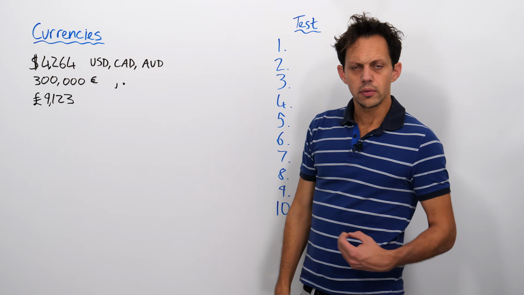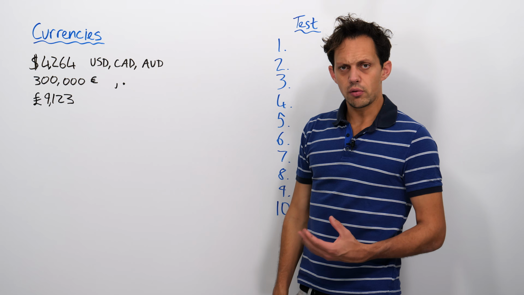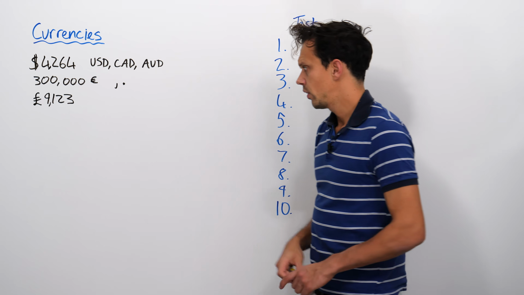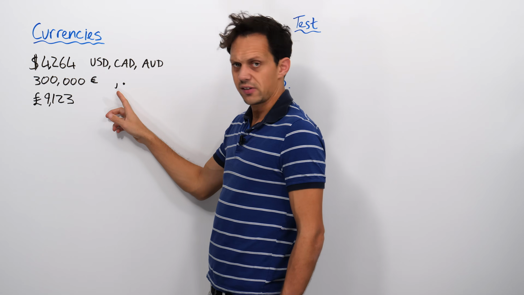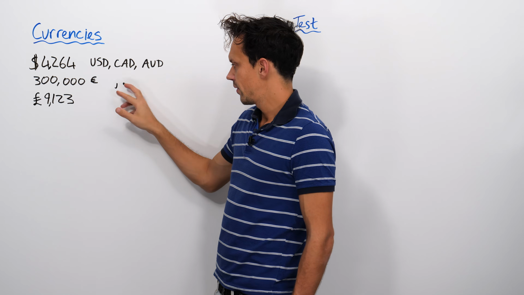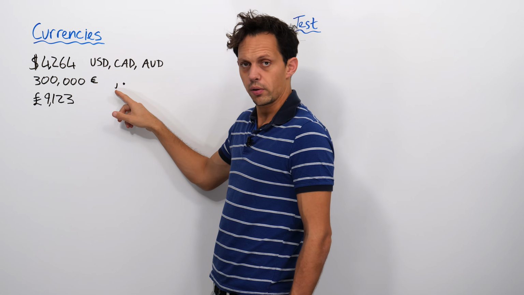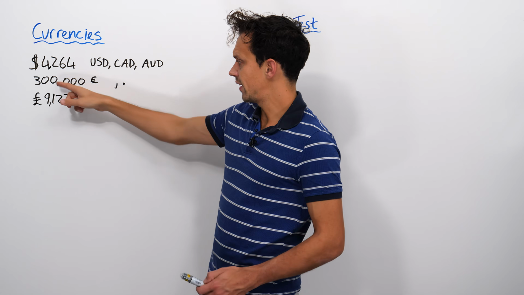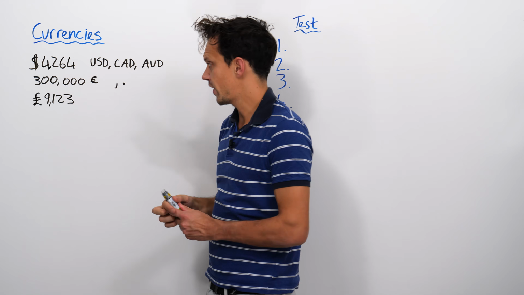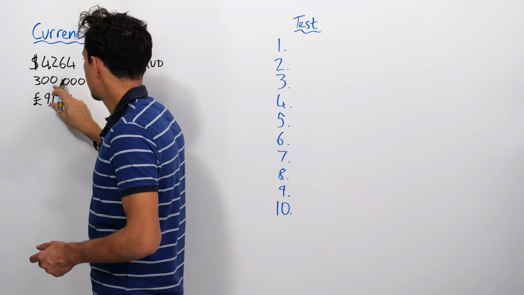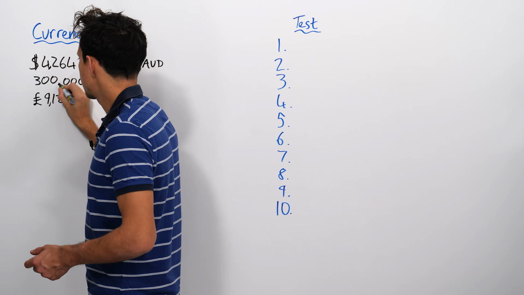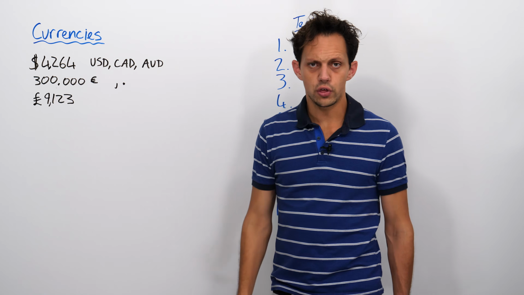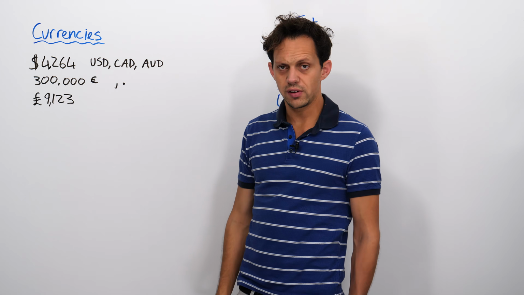The euro. The Europeans change things around ever so slightly. Sometimes you might see that they do swap the comma for the full stop. So I'm intending this to be 300,000, but they would probably write that like that. 300,000.